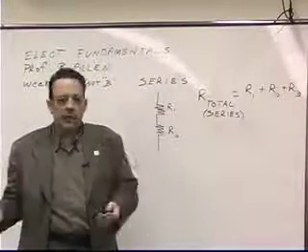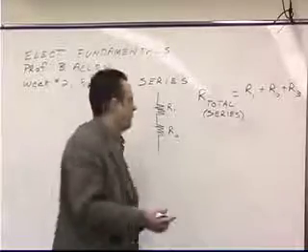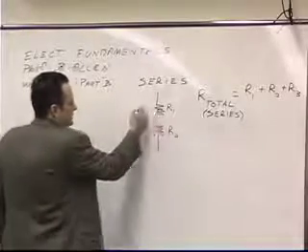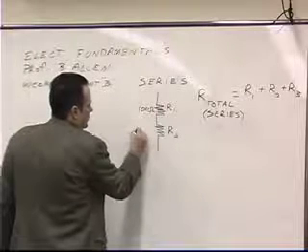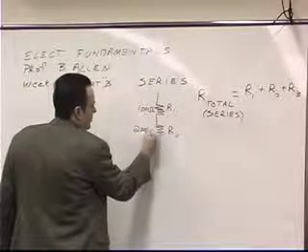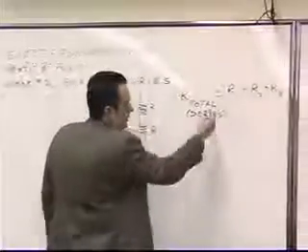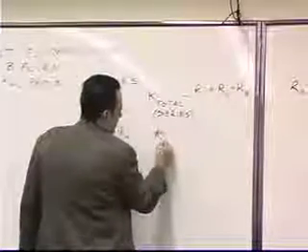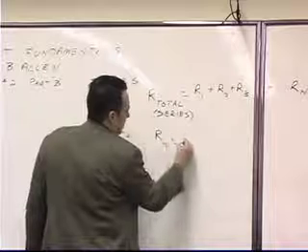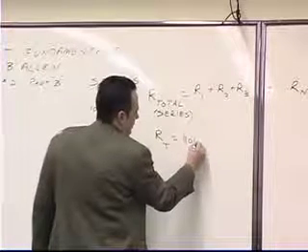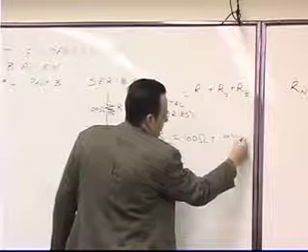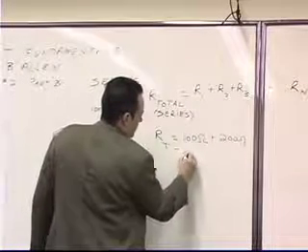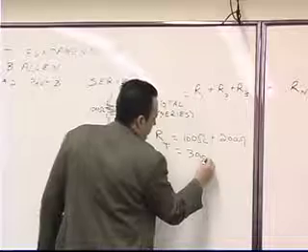What is the rating on the opposition to current flow? So for instance, if this resistor was 100 ohms and this resistor was 200 ohms, then the total resistance would simply be equal to 100 ohms plus 200 ohms, for a value of 300 ohms.